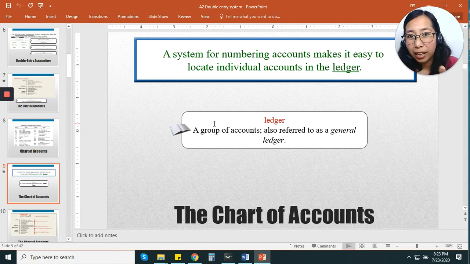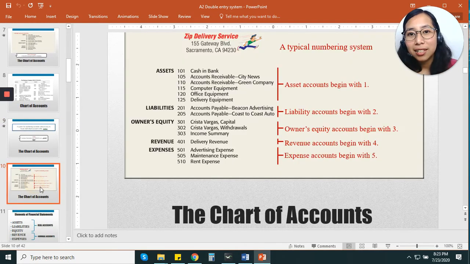So, meron silang kanya-kanyang basket, parang ganon. We'll understand that later. As you can see in our previous video, there is a photo there kung saan makikita mo yung cash and then may mga amounts sa debit side and sa credit side. Yan po yung ledger. Pero may iba pa kasi tayong klase ng ledger. Meron tayong subsidiary, meron tayong general. Hindi pala, special journal pala yun.